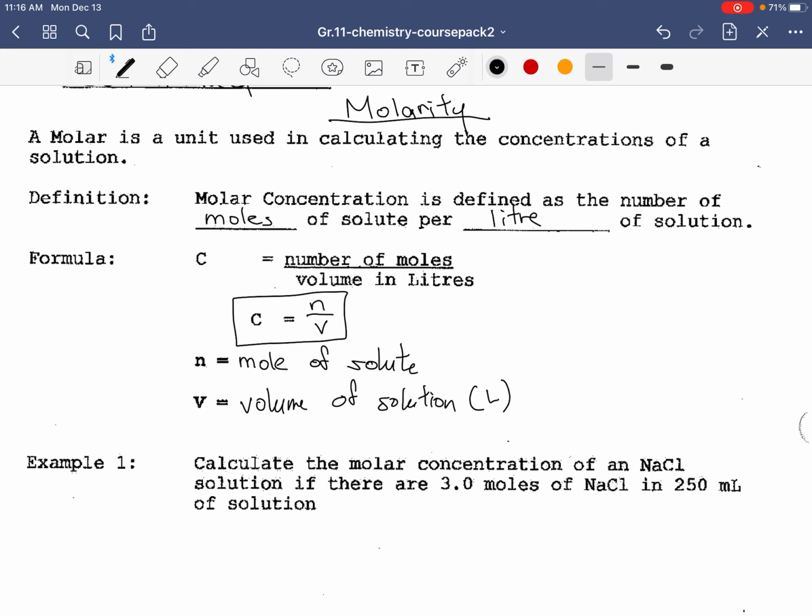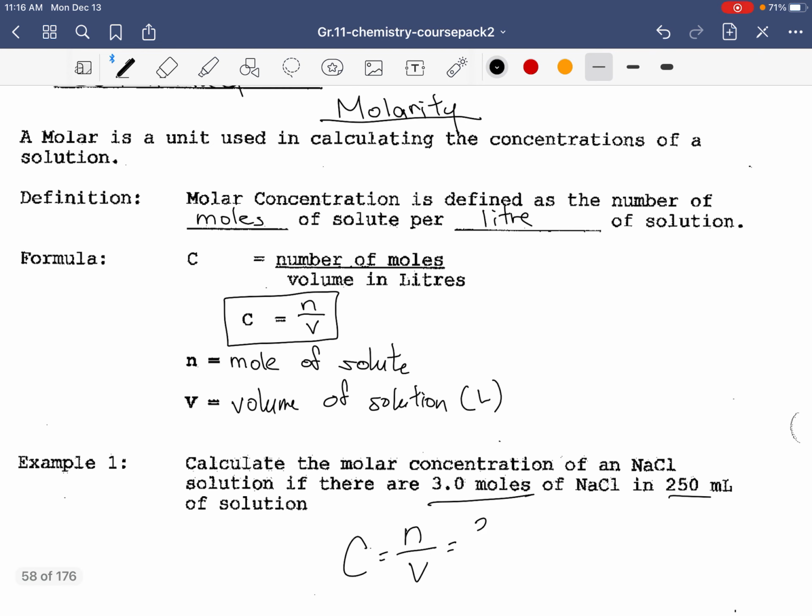Simple. A very simple thing to do, and let's do it by checking out this question right here, example 1. What is the molarity of an NaCl solution if there are 3 moles of NaCl in 250 milliliters of solution? All right, okay, molar concentration is C, and you're looking at n divided by V, so it tells you that you have 3 moles, and there is 250 milliliters of solution.